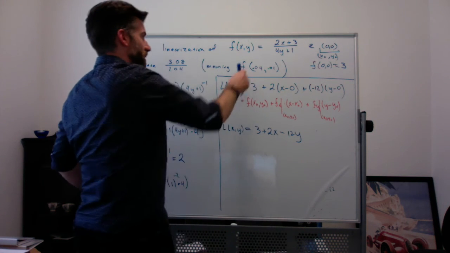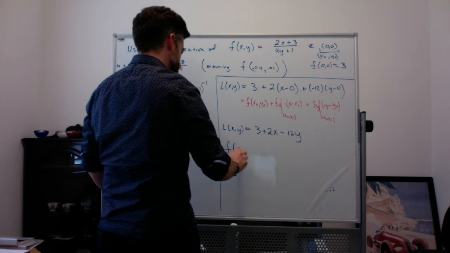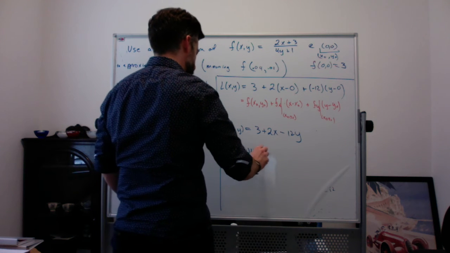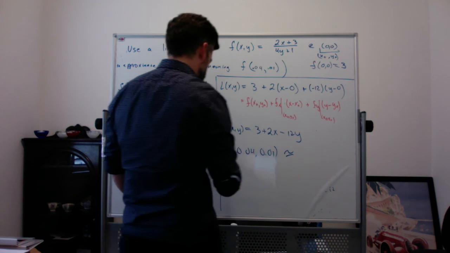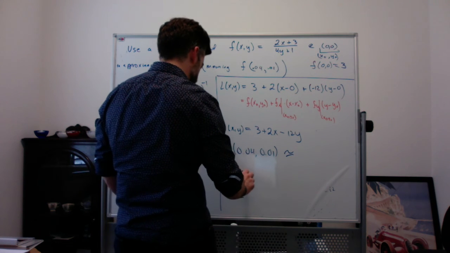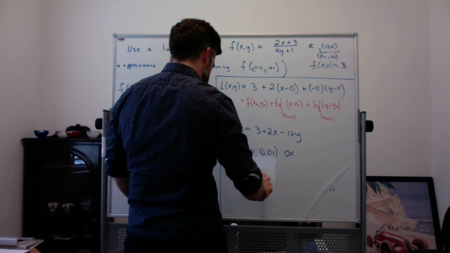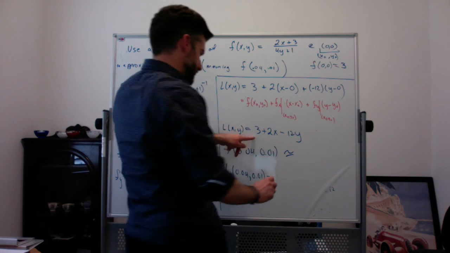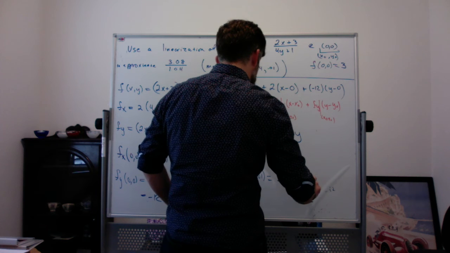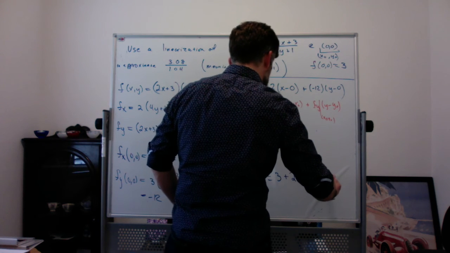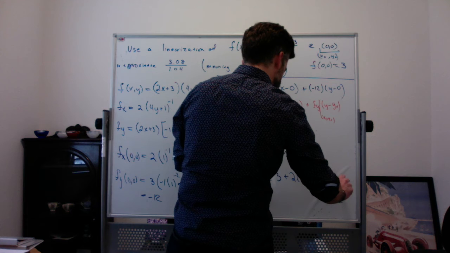And then if I want to approximate f(0.04, 0.01), it's going to be approximately the linearization at (0.04, 0.01), which is 3 plus 2 times 0.04, minus 12 times 0.01.